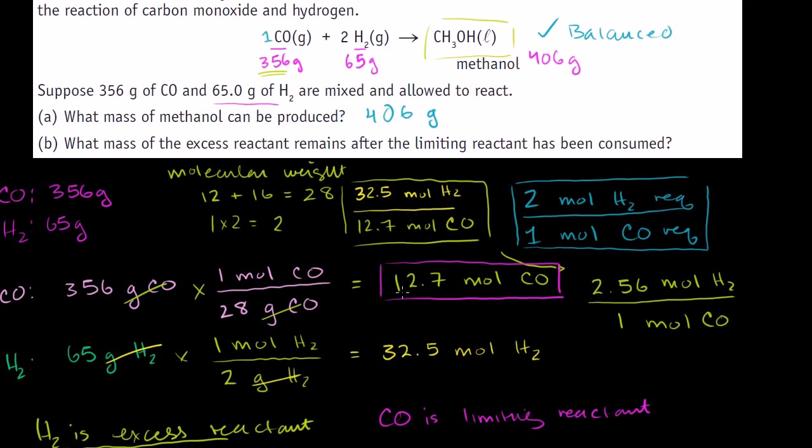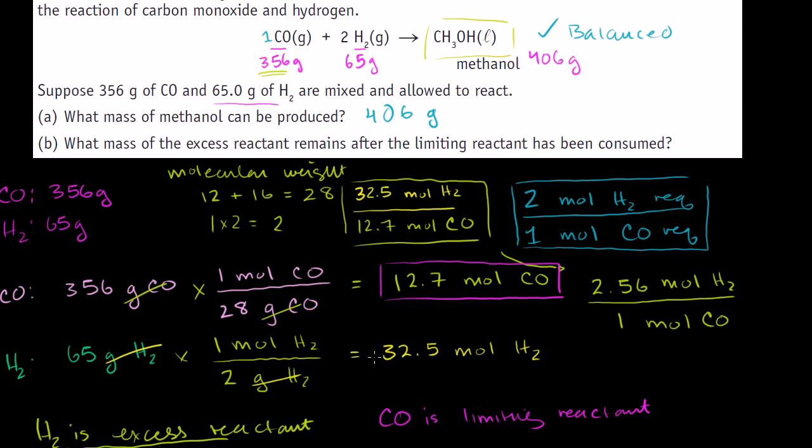So if we have 12.7 moles of this, I need twice that many moles of hydrogen. What's twice that? 25.4. You need 25.4 moles. You have 32.5. So you'd subtract 32.5 minus 25.4, and that number of moles of hydrogen is left over.